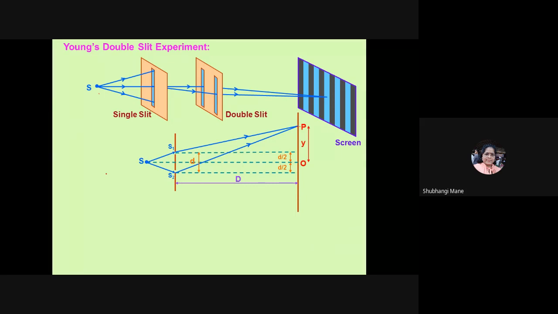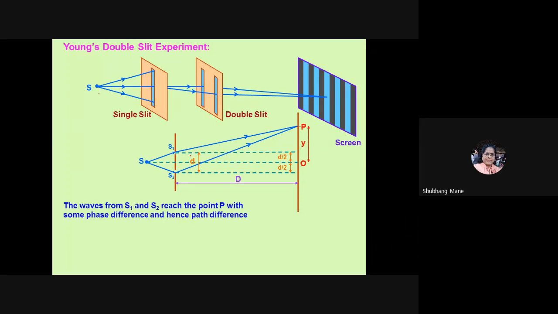Now let us assume that d is the distance between the slits, and here is the source, then the slits, and here is the screen where we are going to observe the interference pattern. So we are trying to calculate the path difference. This distance is larger as compared to this distance.